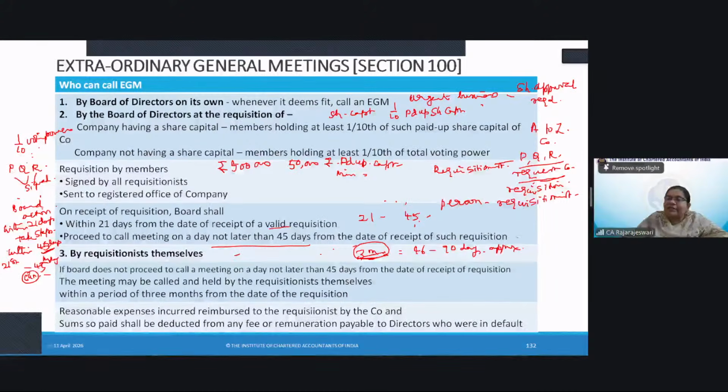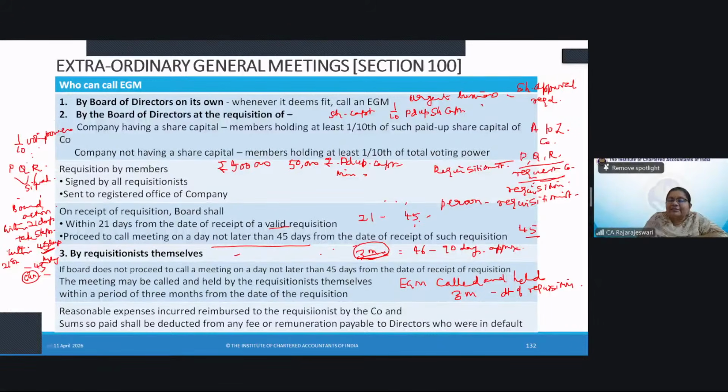If it has not done any activity within 45 days, then within a period of 3 months the meeting may be called and held. If you read the wording, the meeting may be called and held. So the EGM may be called and held within the period of 3 months from the date of requisition. That's very important.